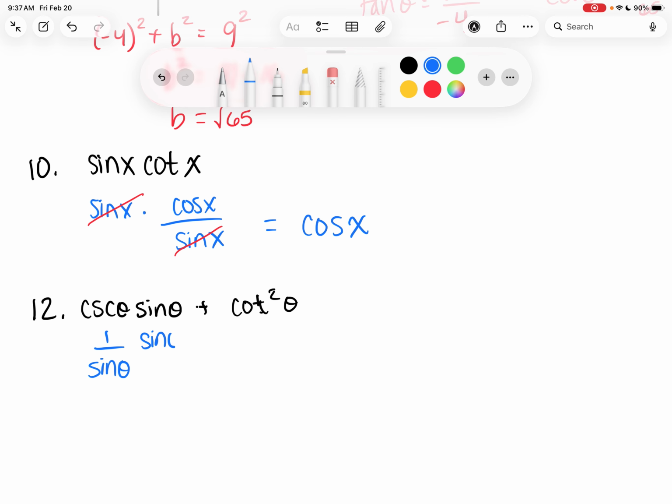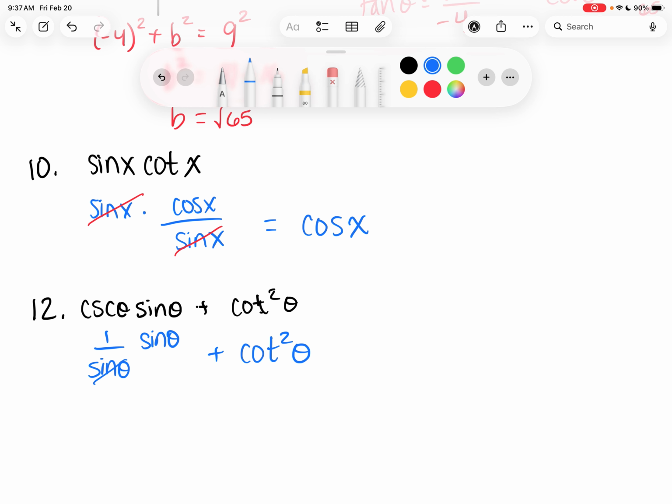And because this came up yesterday in pre-cal, if you want to change the thetas to x's, or if they give you other letters and you want them to be x's or thetas, that's fine as long as you're consistent through the problem. Don't just keep changing them back and forth. And then plus cotangent squared of theta.